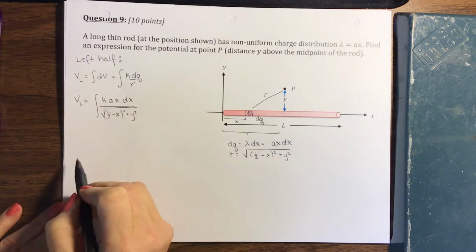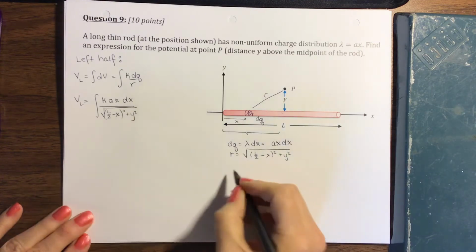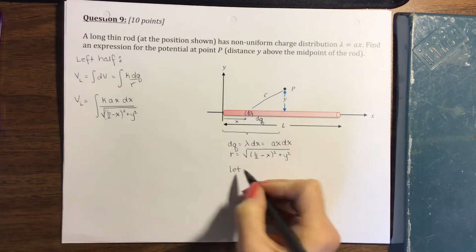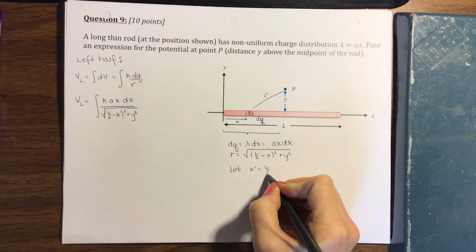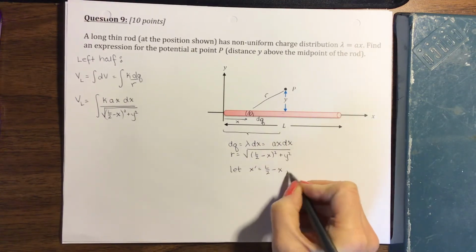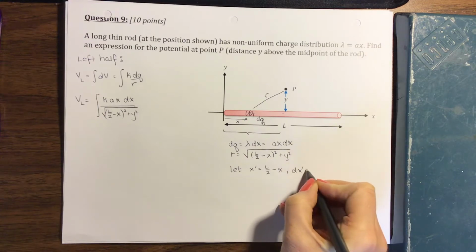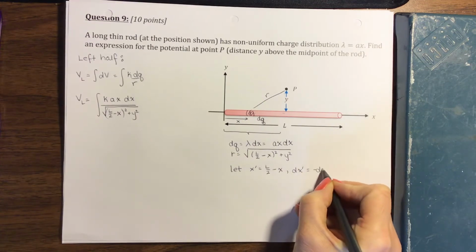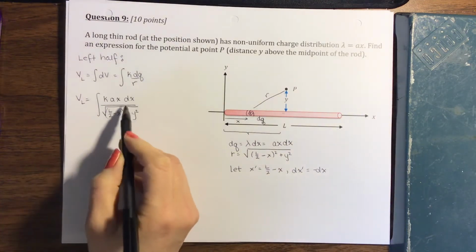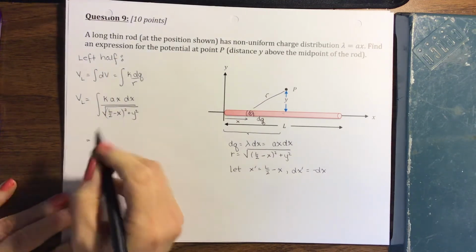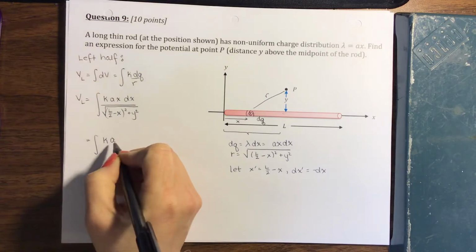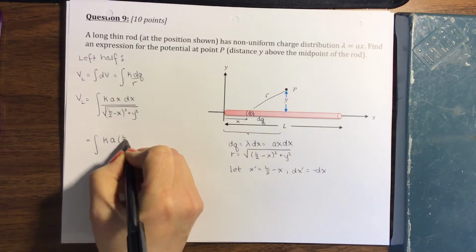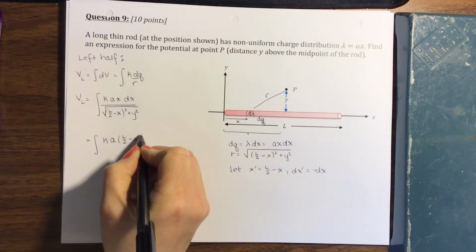This one is hard to integrate, so we need to do a substitution. Let's let x prime equal L over 2 subtract x. This means that dx prime is negative dx. Putting that in this expression, we get an integral of k times a times (L over 2 subtract x prime).